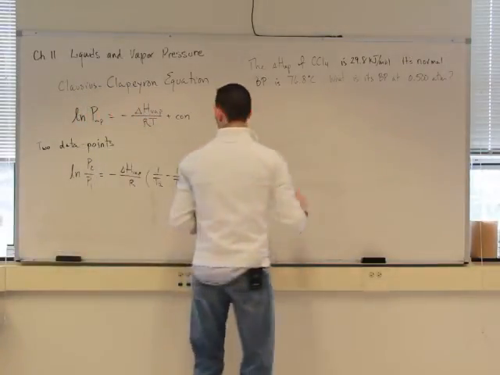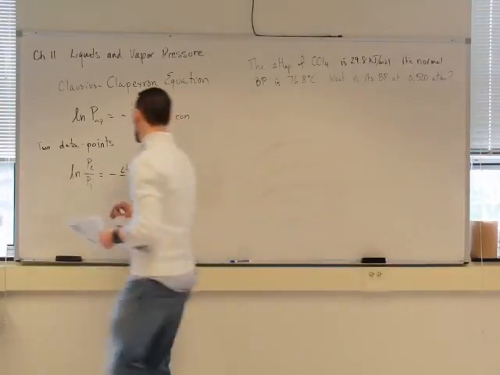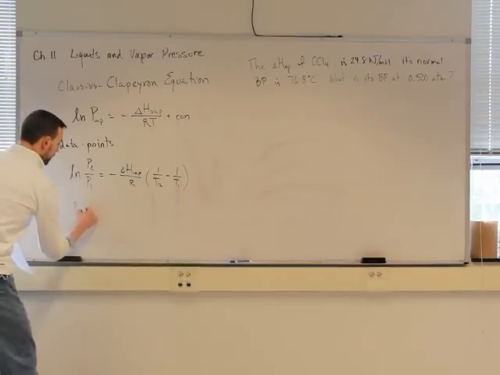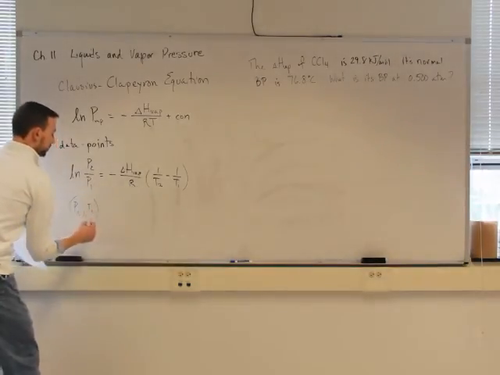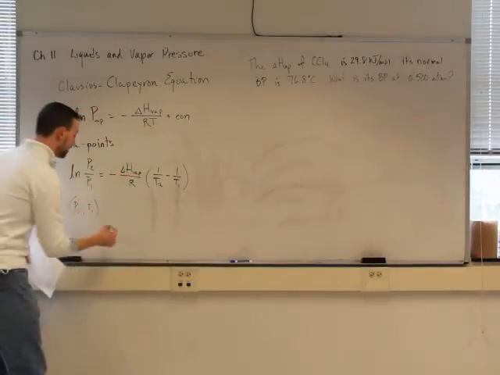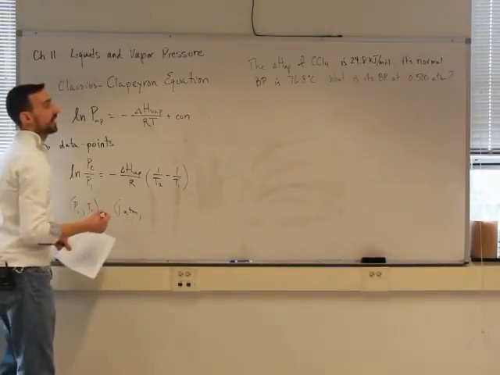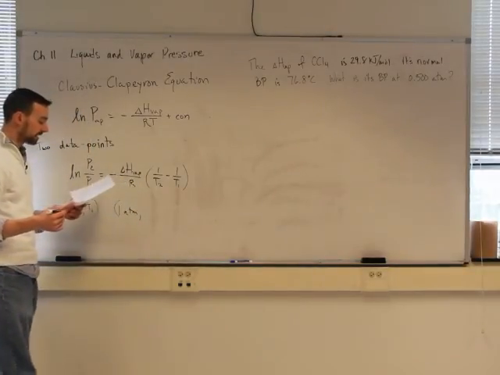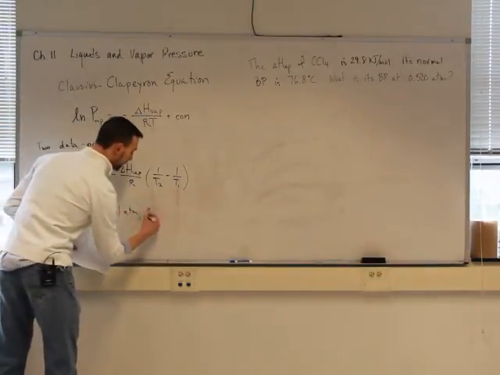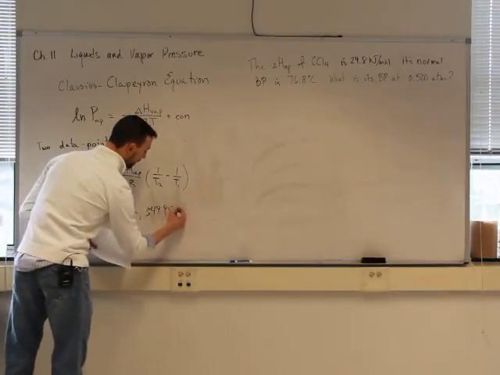All right? So we can use the Clausius-Clapeyron equation to answer this question. And our first combination that we have, a P1-T1 combination, is kind of hidden, but when we say normal boiling point, remember, that implies 1 atmosphere of pressure. And then we have our 76.8 degrees Celsius, which would be a temperature of 349.95 Kelvin.